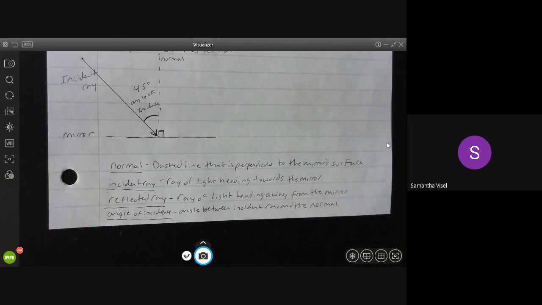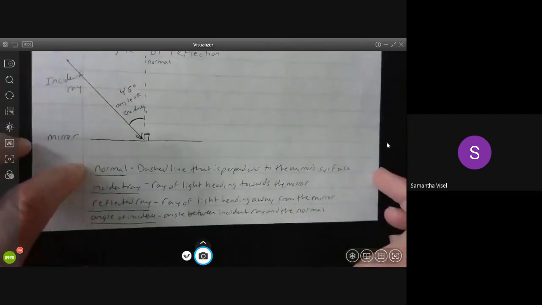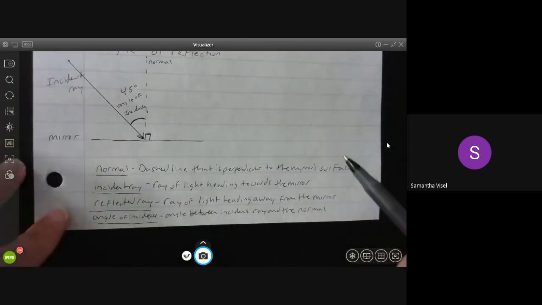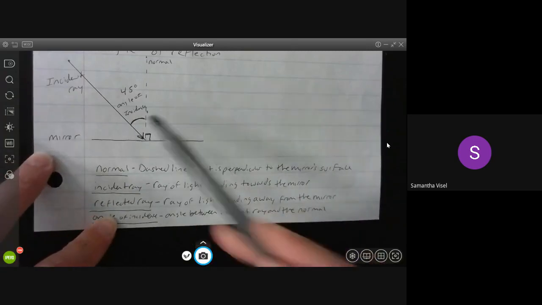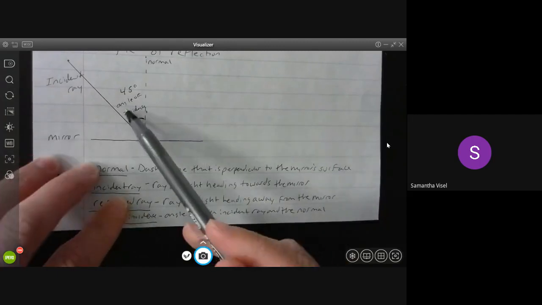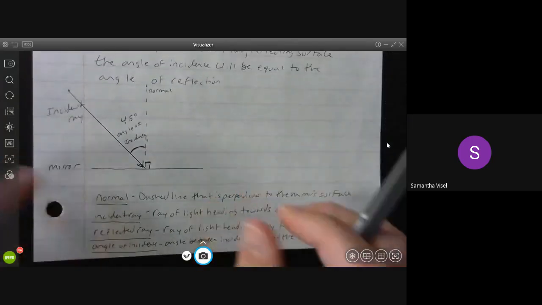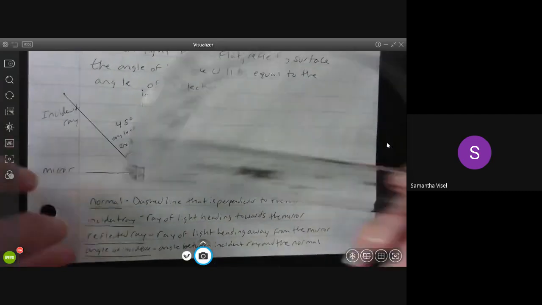So, angle between the incident ray and the normal. The law of reflection says that the angle that this reflects off is going to be equal to the angle of incidence. So if this strikes the mirror 45 degrees from the normal, then it's going to reflect at an angle of 45 degrees from the normal.